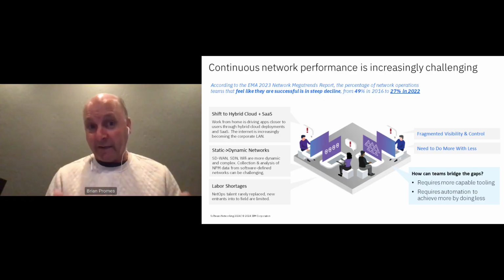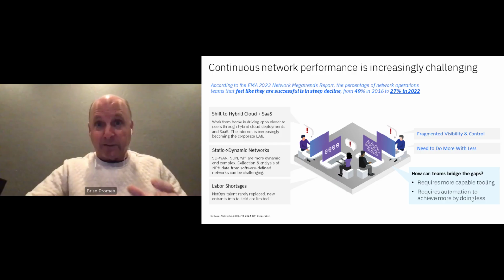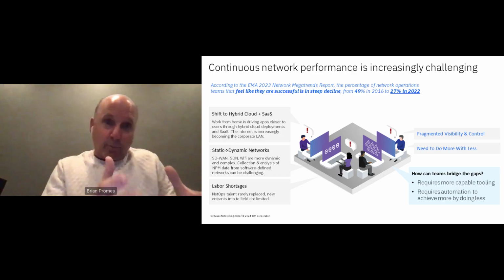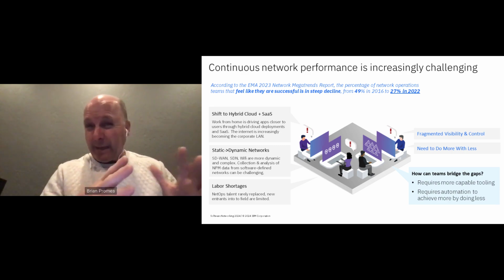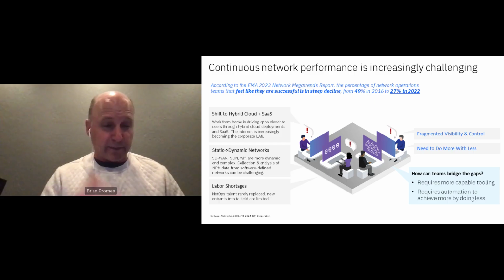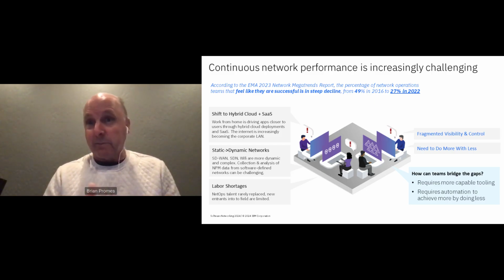And then on top of that, you're running into issues around labor shortages and the ability to find the right people who have the backgrounds to deal with both the networks of today and the networks of tomorrow. What that's impacted teams with, engineering and operations teams or networks, is fragmented visibility and control.